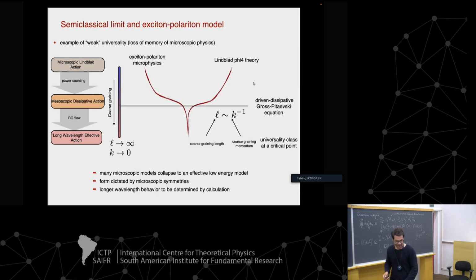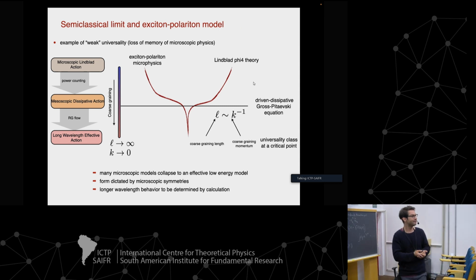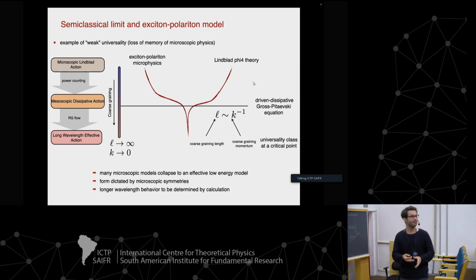Okay, so a little bit of interpretation of this again. We may look at this procedure, the semi-classical limit, as a kind of weak occurrence of universality, in the sense of loss of memory of details of the microscopic physics. Essentially, we could start from this theoretical Lindblad phi-4 theory, or we could start from some not totally well understood quantum microscopic physics of exciton-polariton systems.